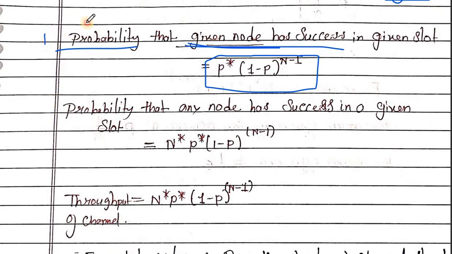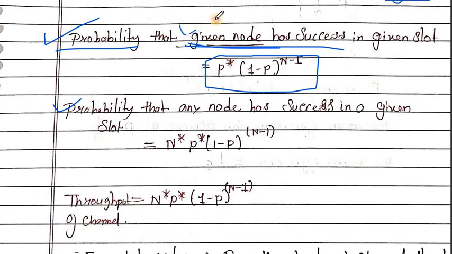Here, in case of a single node, the probability of success of any node's frames in a given slot time. Here again is the formula for the probability of success of the frames in a given slot time by all nodes.